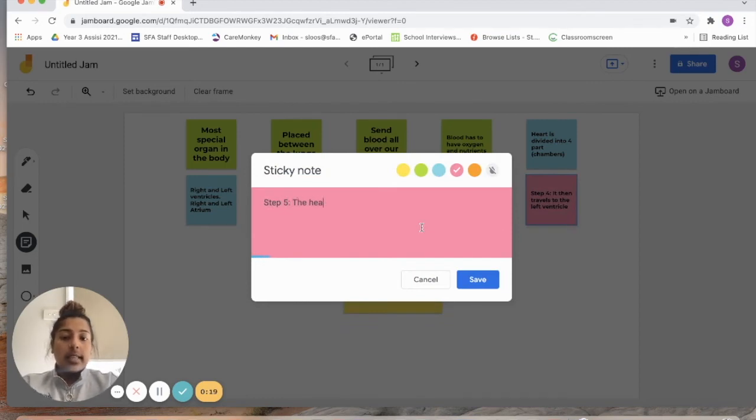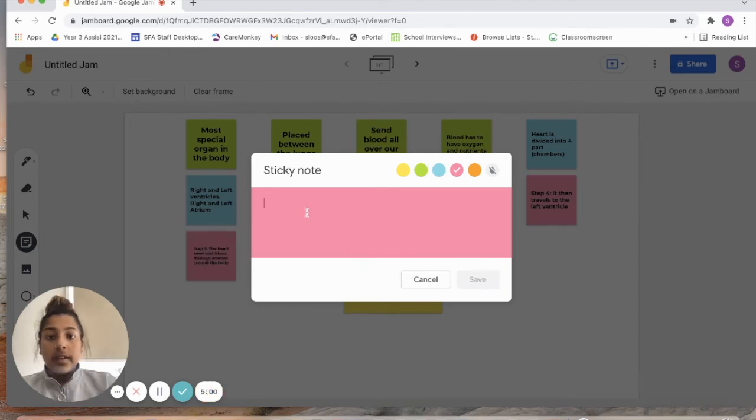The heart then sends that blood through arteries around the body. Okay, so the last step was the heart sends blood through the body, through arteries, and then the process starts again. So that's the cycle of how the heart pumps.